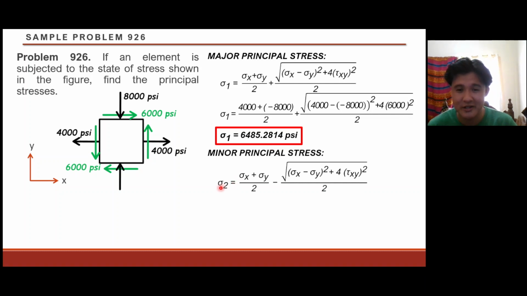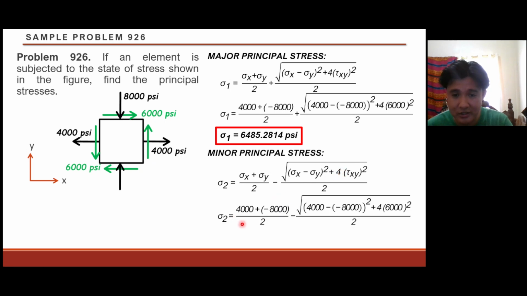So we have stress 2 is equal to, papalitan lang natin yung sign na to into negative. Right? So, ganoon lang. Pag tama na yung sa calculators nyo, masasolve nyo na yung minor principal stress. Gagawin nyo lang negative yung sign sa pagitan ng dalawang term.